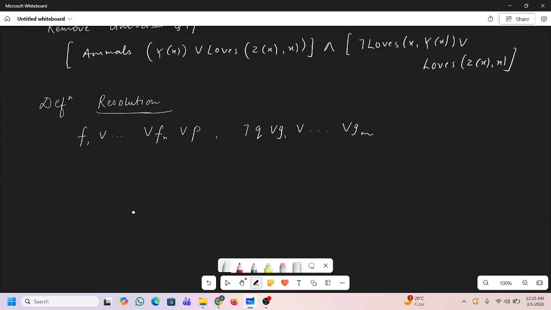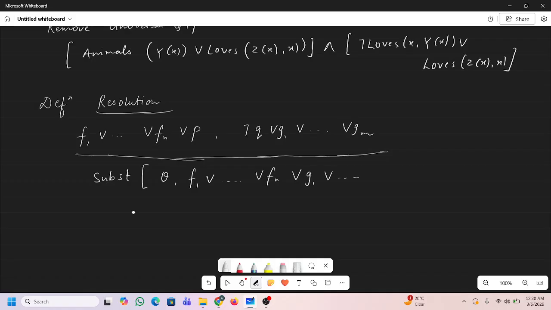Okay, so what we will do here, this will be substitution, that means I am using substitution theta for f1 or like this till f of n, and then g1 or till g of m.